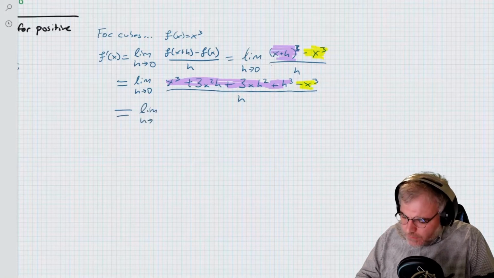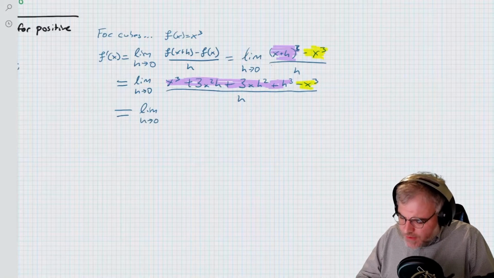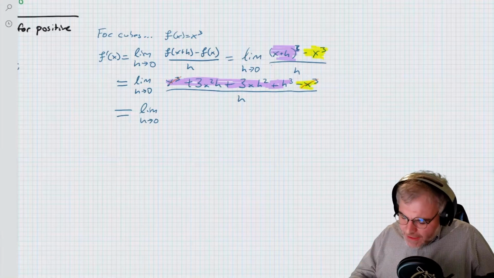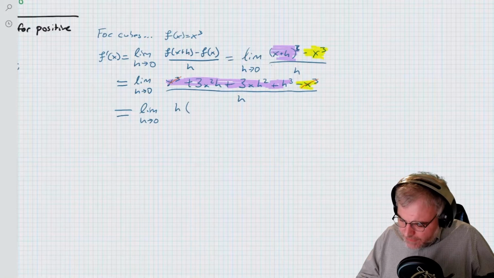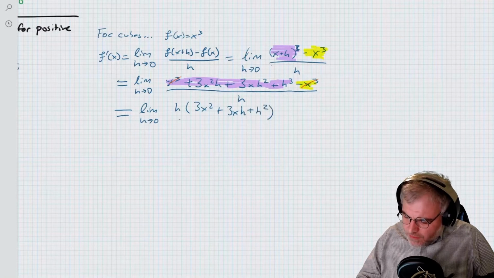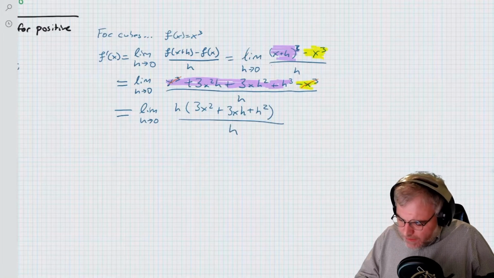So these two terms are going to cancel. And notice that I've gotten rid of everything without an h in it. So now I can factor out that h on the top, and I get h times the quantity 3x squared plus 3xh plus h squared all over h. The h's are now going to cancel.